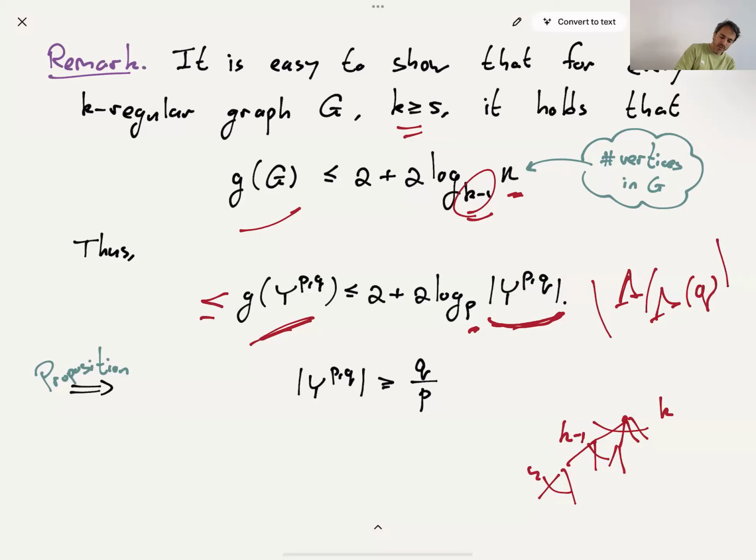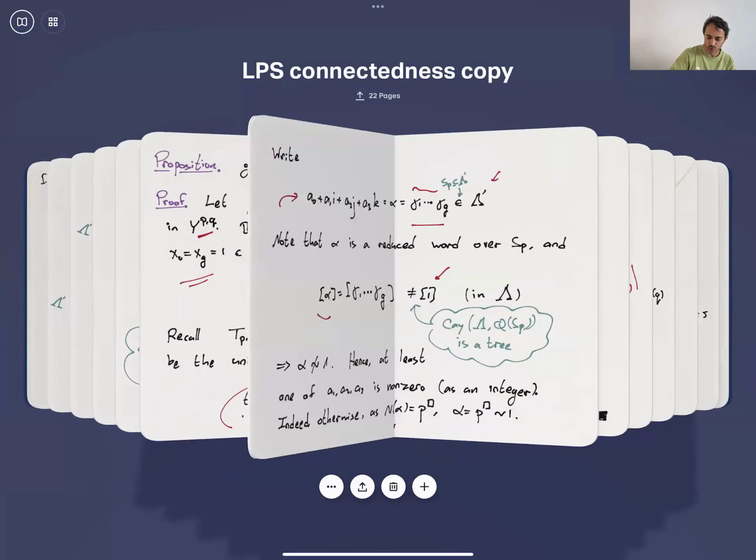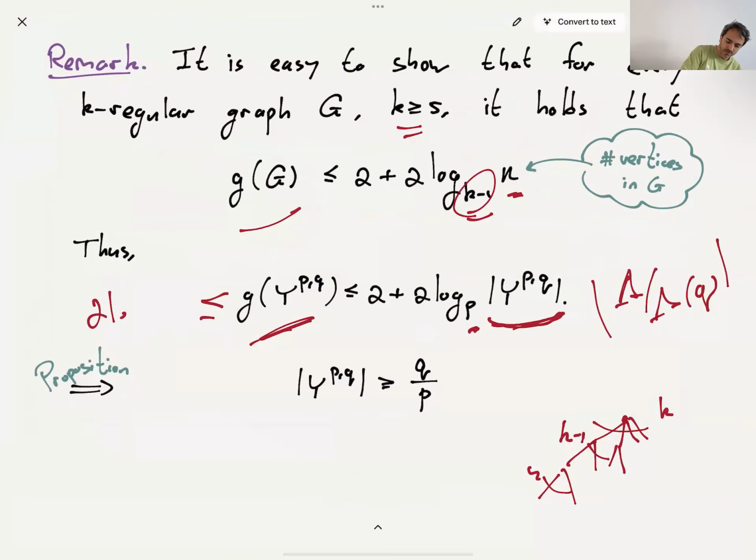And if you use what we proved just now, the lower bound, which is 2 log to the base p of q, then you can see that if you take the pth power, you get that q squared is at most p squared times the size of the graph squared.